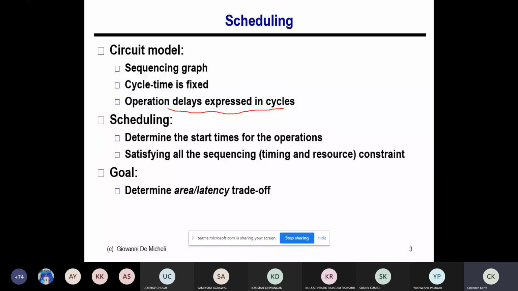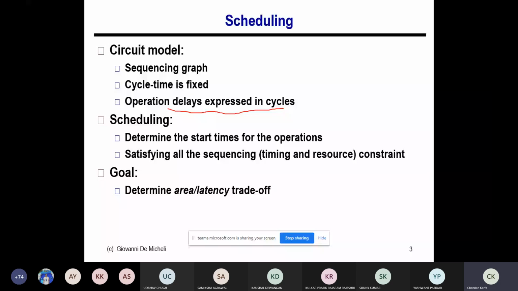If you ask me why: if you want to improve the latency, that means I want to execute as many things as possible in one cycle, so you have to put more operations in parallel, if it's possible at all, so it satisfies the resource constraint. Then your area will be more.